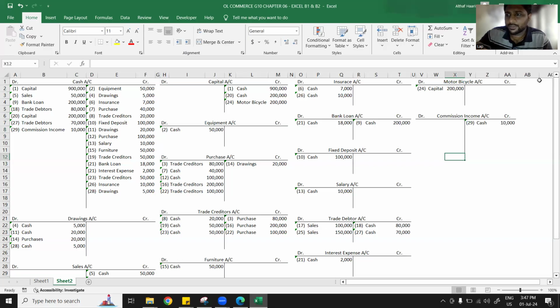If you all are done, post the letter D, people. Cash debit, commission income credit.